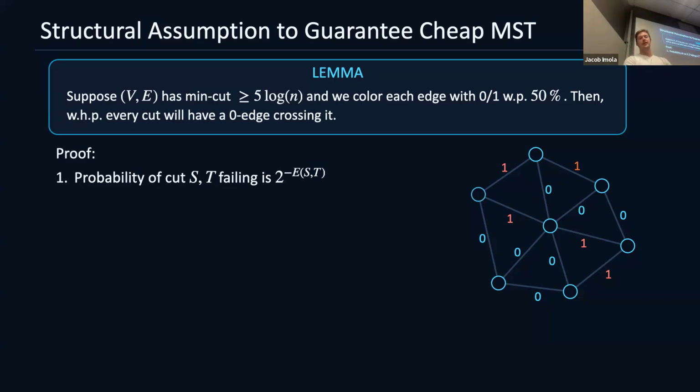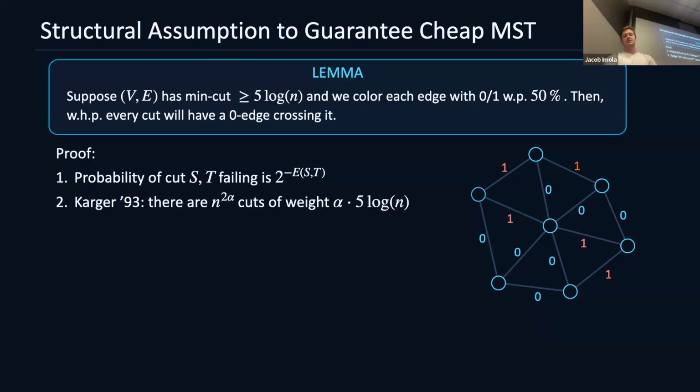The probability of a cut S, T failing is 2 to the minus the number of edges crossing from S to T. And you might say, hey, there are exponentially many cuts, so how will this union bound work? But there's a classic result from Karger '93 that there are only polynomially many cuts that are close to the min cut. And the min cuts are exactly where this is the hardest, because the exponential is going to be the smallest there.